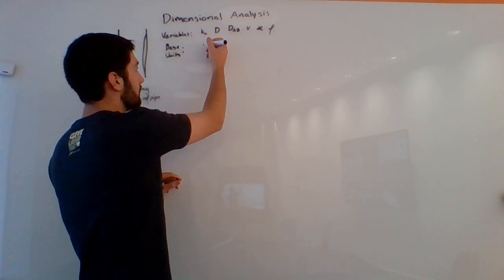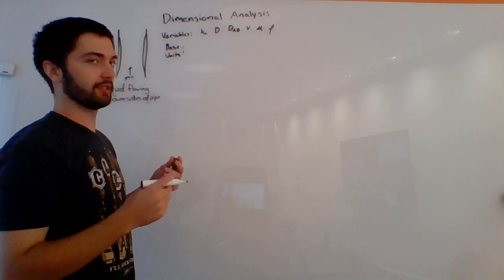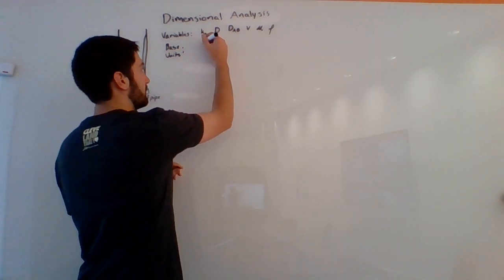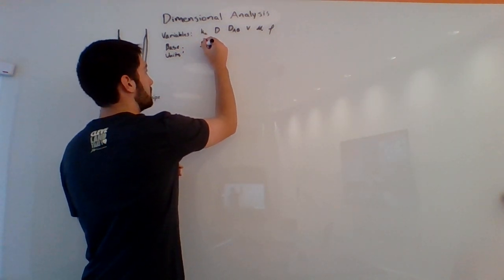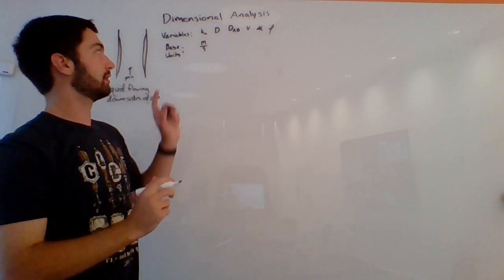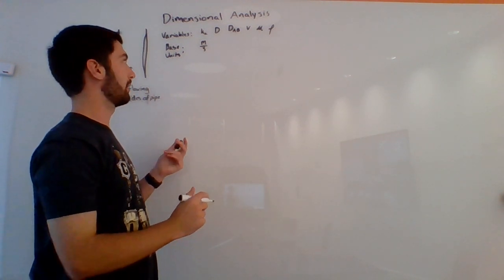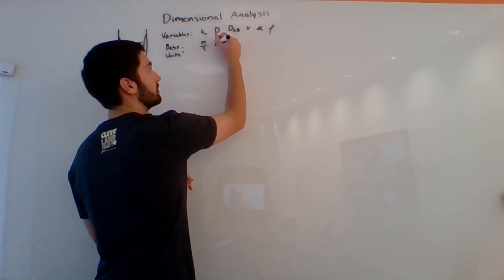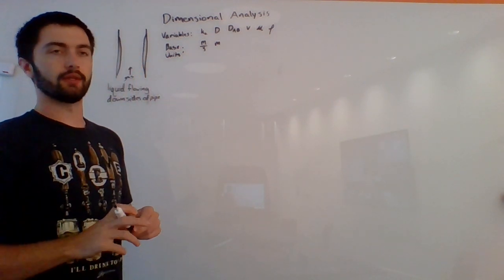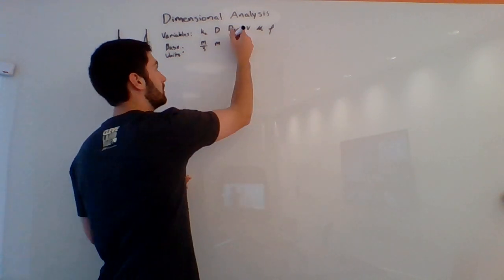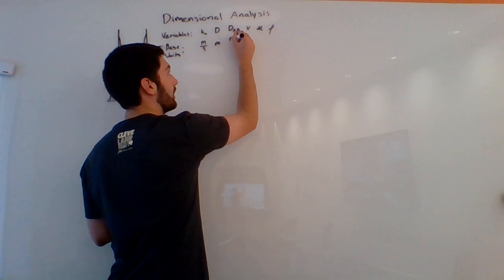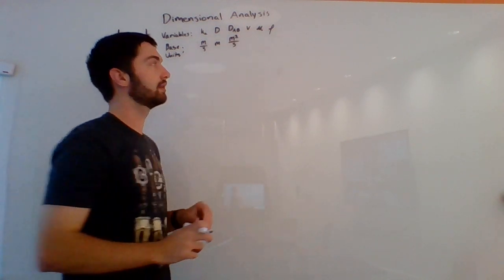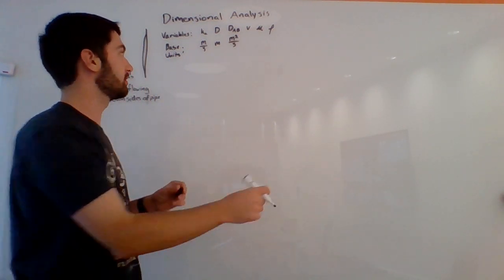So the mass transfer coefficient is meters per second. The pipe diameter is just meters. The mass diffusivity is meters squared per second. The velocity is also meters per second.